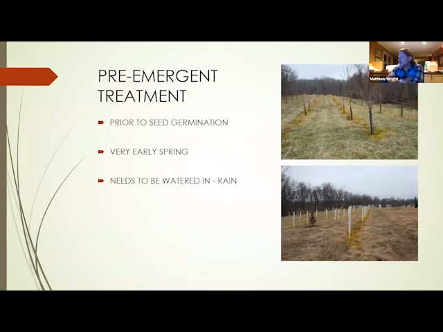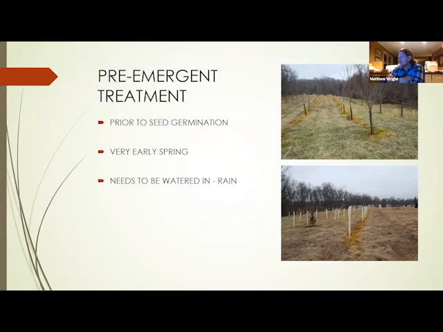This can give you a head start, and you can prevent some of these annuals and even perennials from getting a foothold in your planting. It's mainly used in strips along the tree planting. You don't want to just spray this everywhere, but mainly around the trees in the tree rows. It's got to be put in very early in the spring, and needs to be watered in.